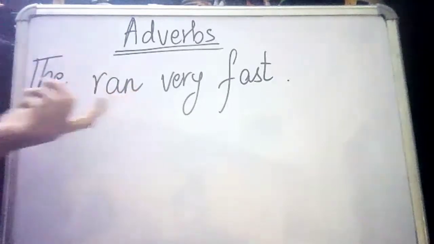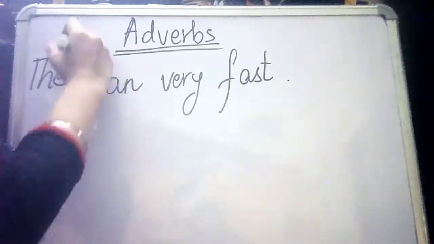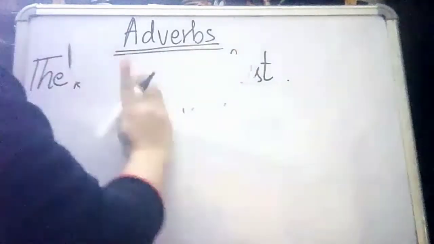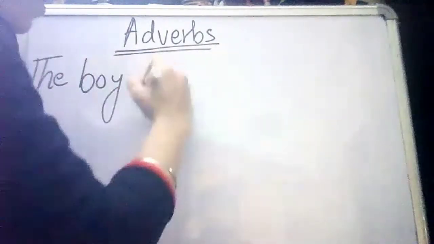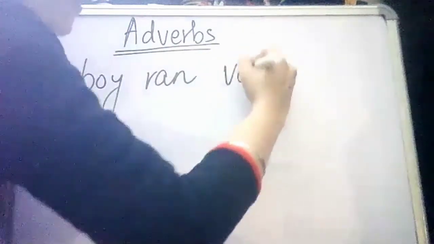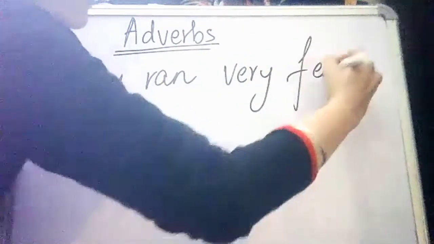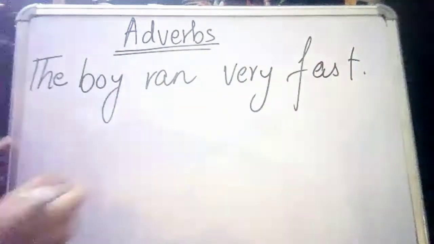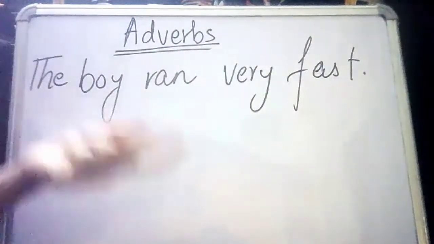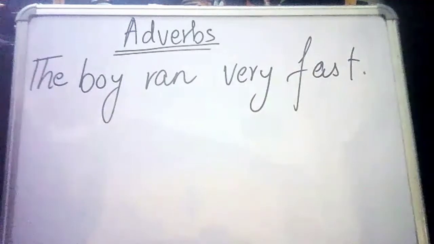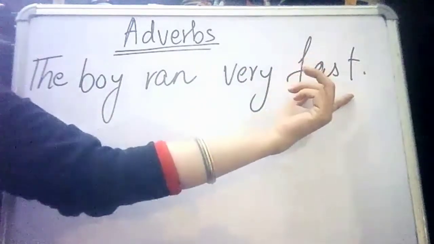Now let's look at another sentence. The boy ran very fast. Here, we know the boy is the noun. Ran is a verb. Now, how did the boy run?